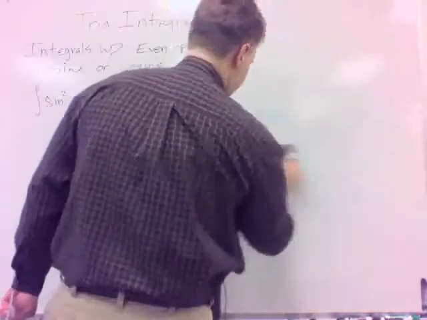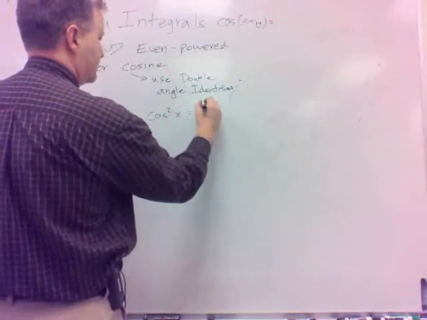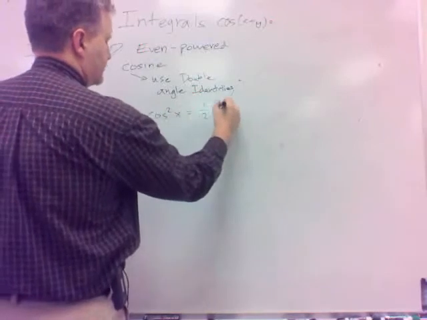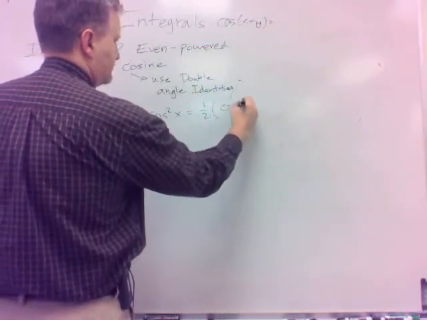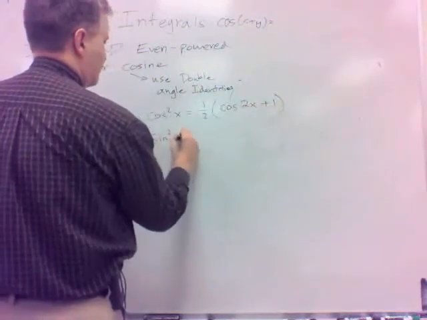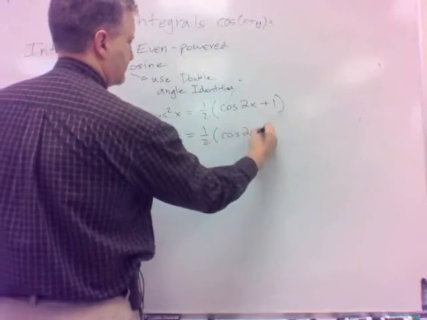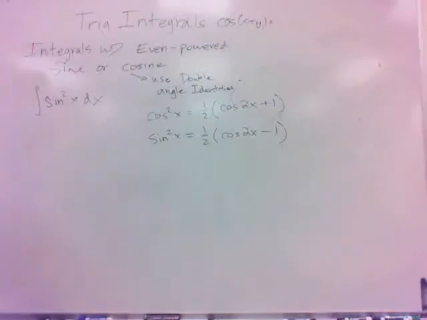Cosine squared x by a double angle is cosine squared equals 1/2 (cosine 2x plus 1). And sine squared is 1/2 (cosine 2x minus 1). We're going to use those instead. I'll give you the sheet, they're on the sheet.